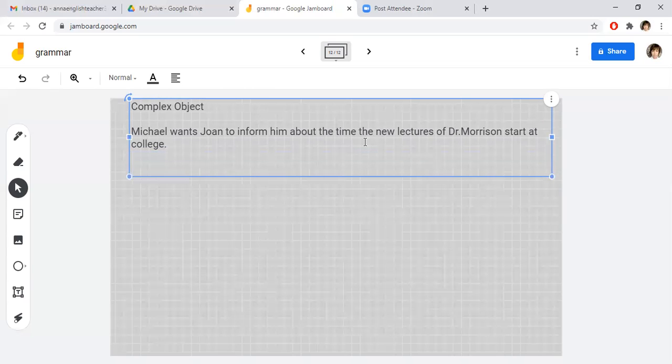So what is the formula here? Someone wants someone to do something.